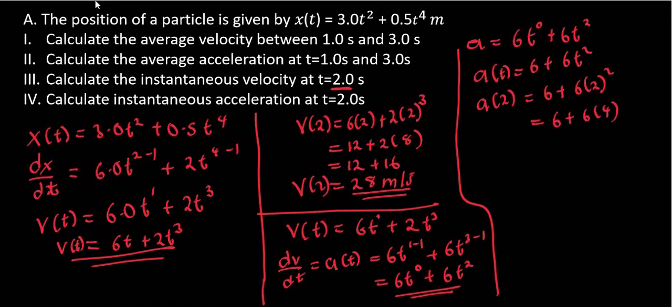That squared is 4, times 6 is 24, plus 6 is 30. So the answer is 30 on the last one. This is the instantaneous velocity, and then this is the instantaneous acceleration. So that's how we answer that question.